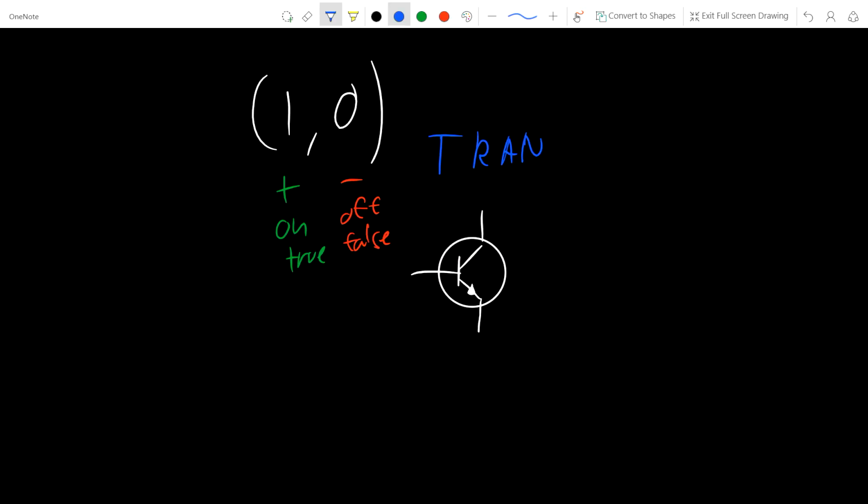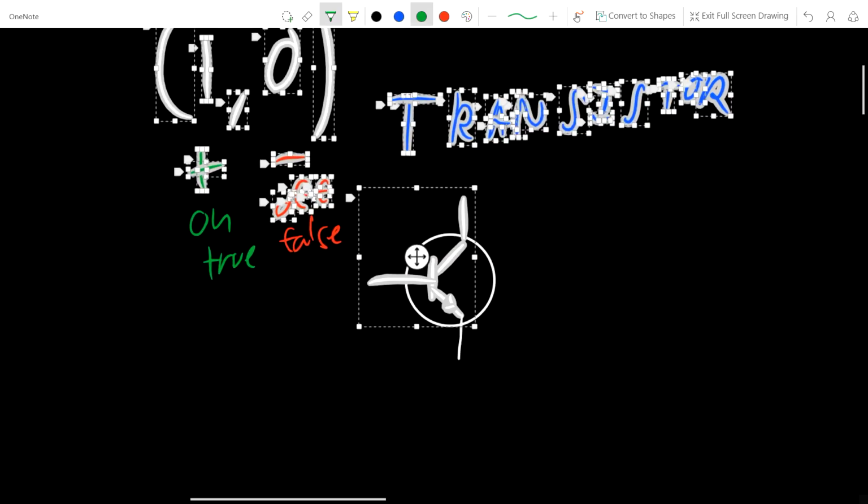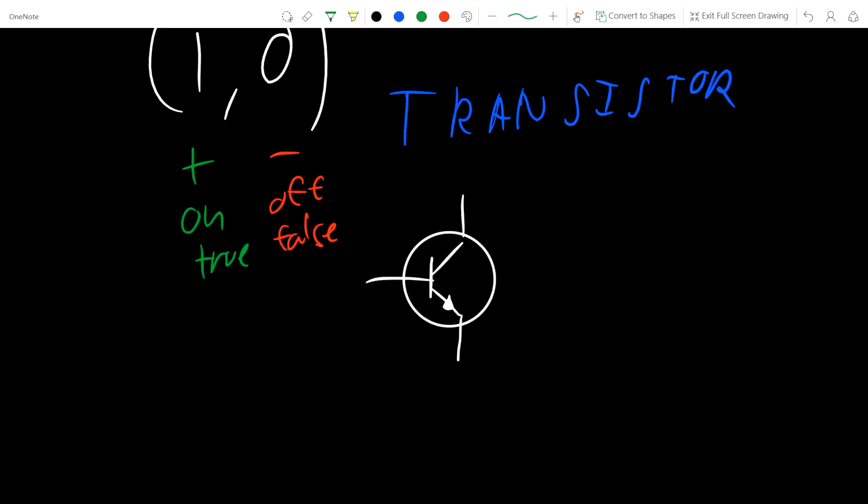For example, the transistor. What the transistor does is act as an electrical valve. So, if it receives a voltage, or if we want to talk conceptually, if it receives an on or a true value, but really, in reality, it does just receive a voltage, it'll allow electricity through based on that voltage.